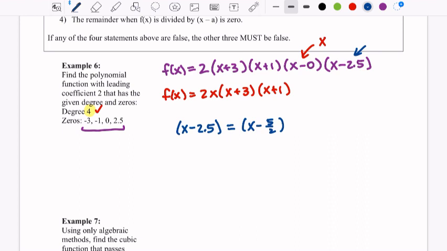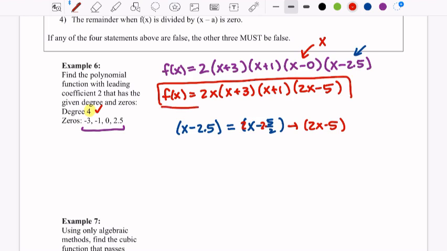If I multiply through by 2, that's going to help me clear out the decimal. So that's going to be 2x minus 5. So I'm going to rewrite that x minus 2.5 as 2x minus 5. And there we go. There's our polynomial function that meets all of our criteria.